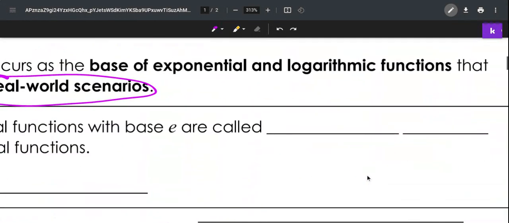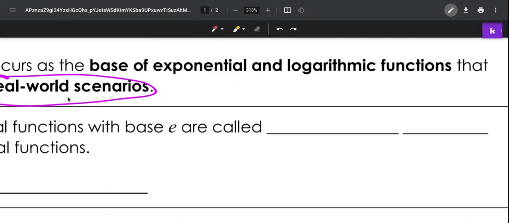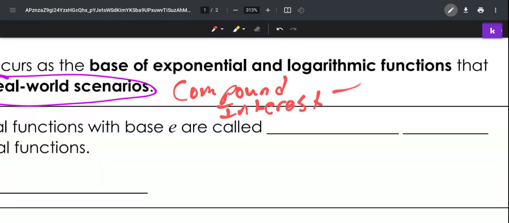Like here's an example of a growth problem. Let's say you have a savings account and you had interest that compounded. So compound interest. Typically, e is used in cases like that to represent the growth of money.